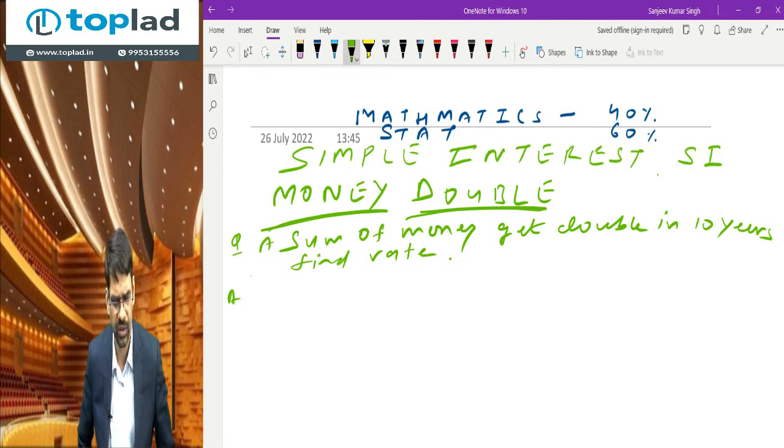Just use a calci, put the numbers and get the answer.